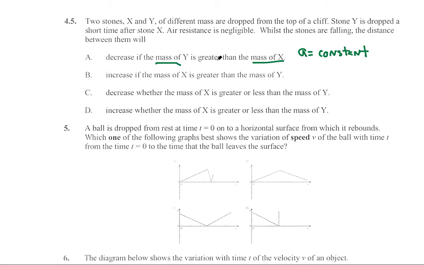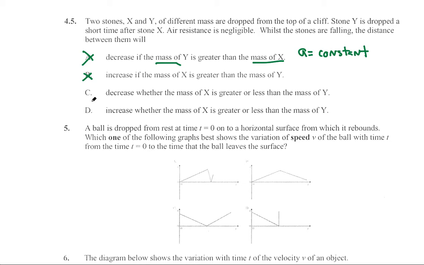Even if the mass of Y is greater than the mass of X, the acceleration of the two masses is constant. So any of these choices that talk about the difference of the masses are incorrect.